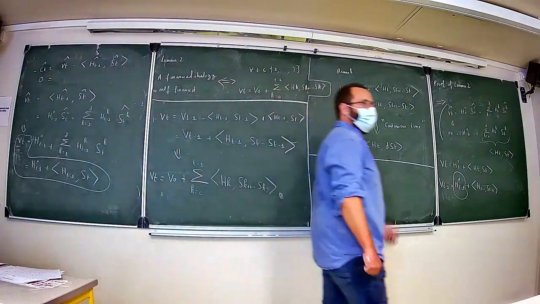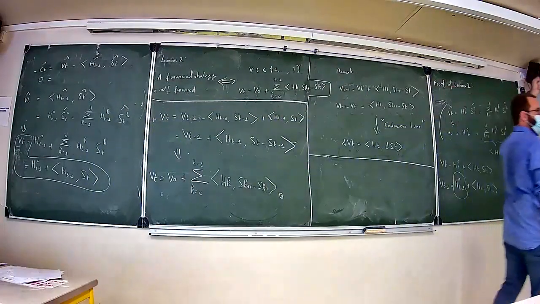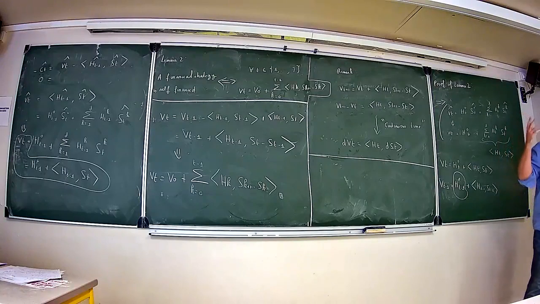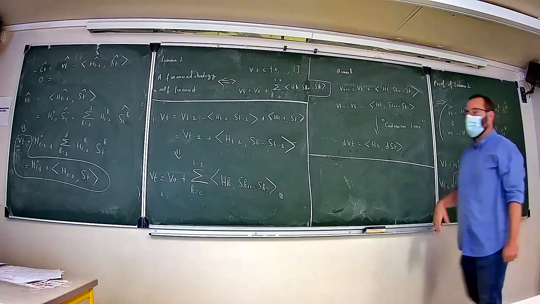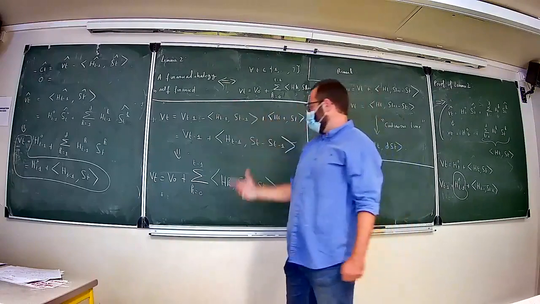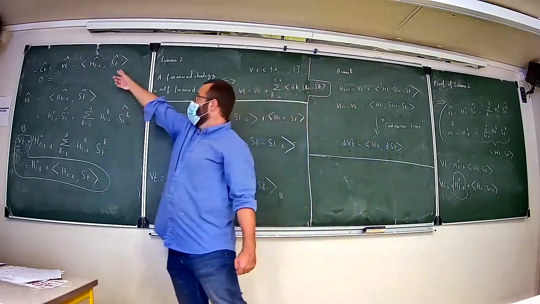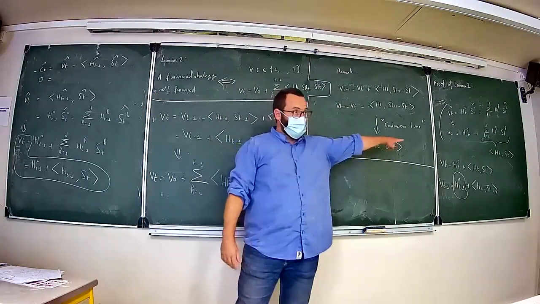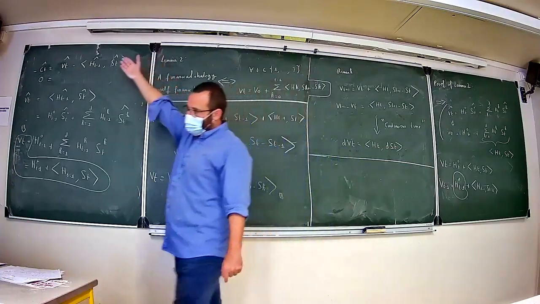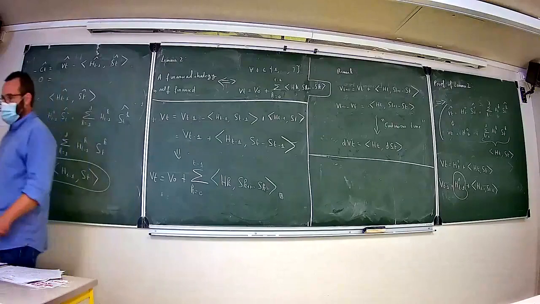If you take my proof, start from the end and come back to the beginning, you have the proof of the other implication. Try to do it at home. But really, you just have to copy what I had done from the end to the beginning. So you start here, you come back here, having this in mind, and you obtain that from this one, I have the self-finance condition.